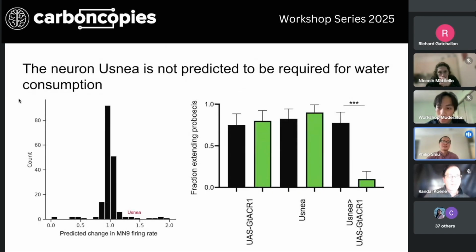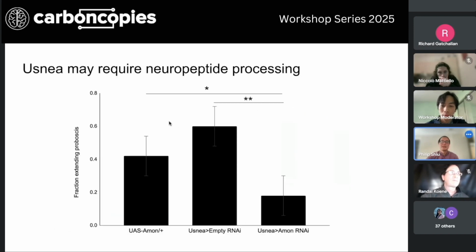One of the neurons that caused the fly to extend its proboscis, we didn't efficiently predict, and it's also required, and our model fails to predict that.